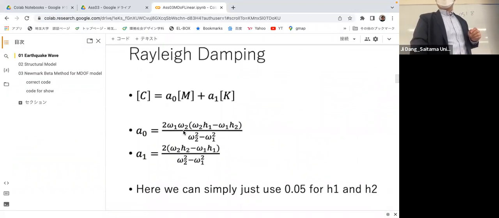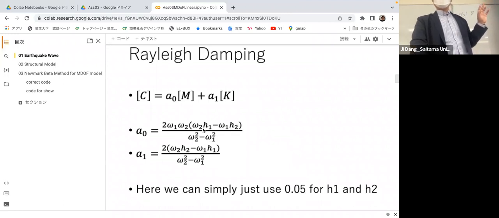So you need to remember this equation. Realize that the under part is the same: omega 2 squared minus omega 1 squared. This part is the same in both equations, so you just calculate one and you have both. But the upper part is different.